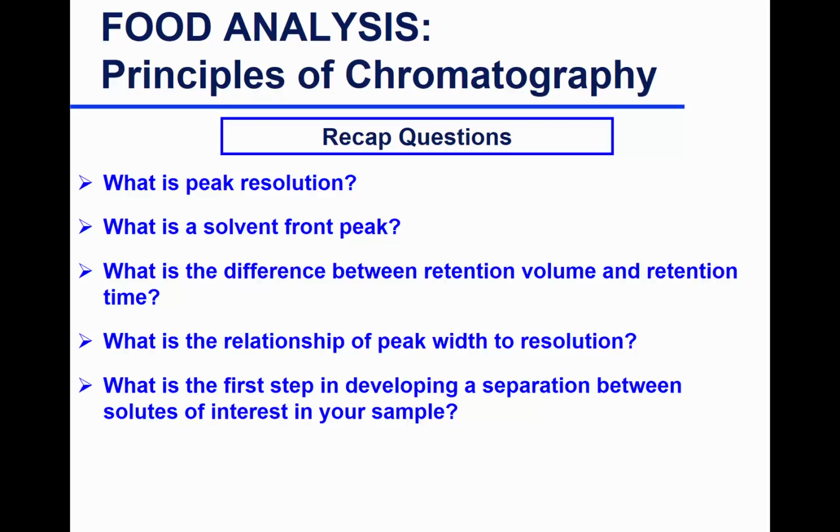What is the relationship between peak width and resolution? Yes, Jenny. Wider peak is less resolution. Yes, so the wider the peak gets, the broader the peak gets, that means you don't have good resolution. To illustrate, if you have two peaks, if they are sharp peaks, they are well resolved from each other.